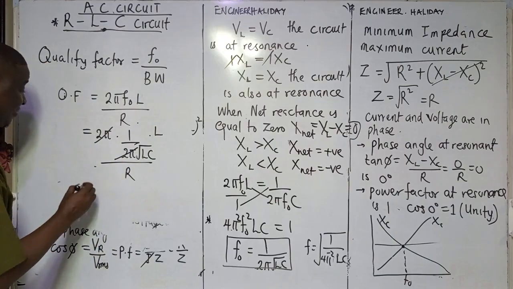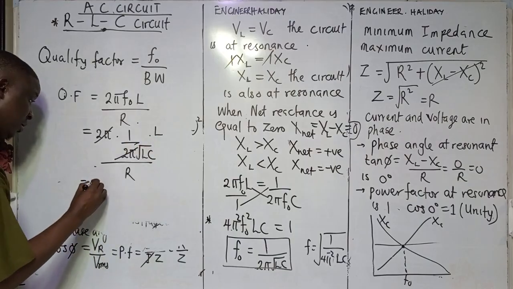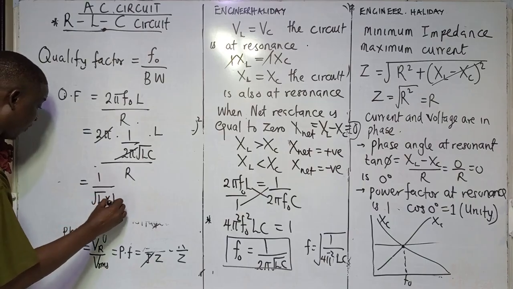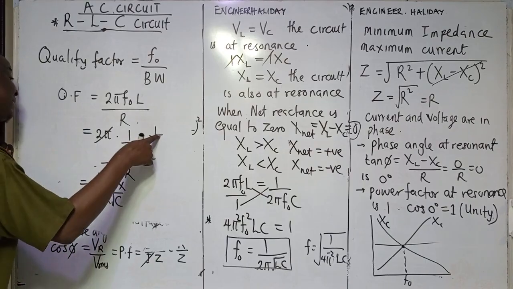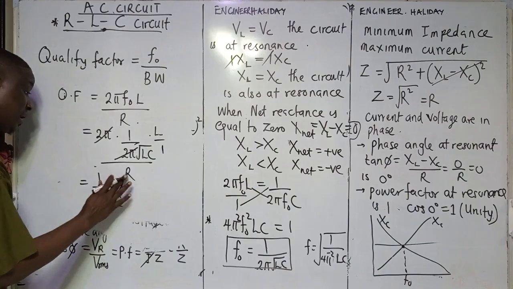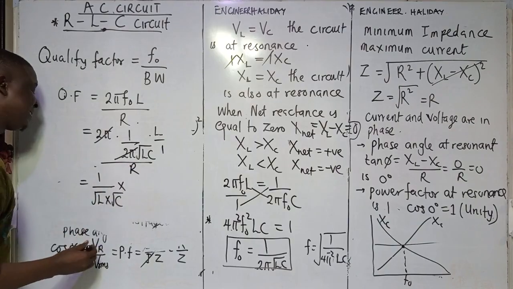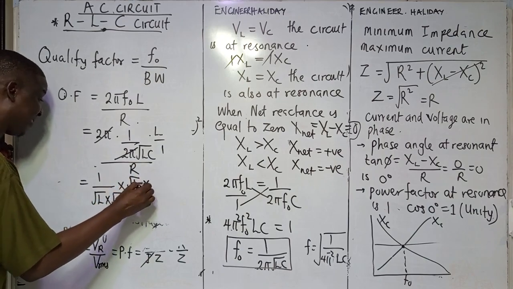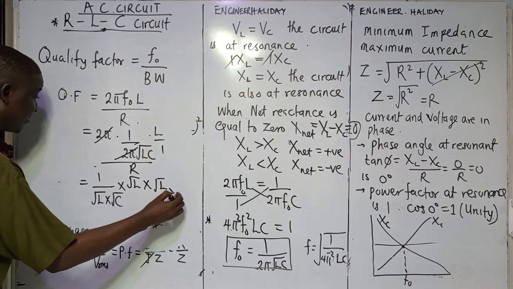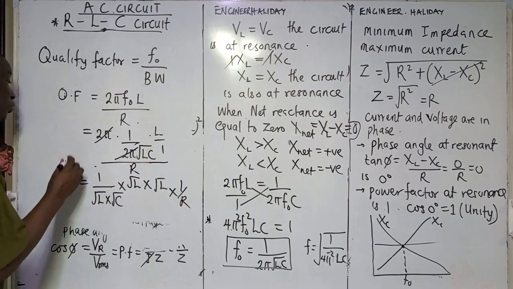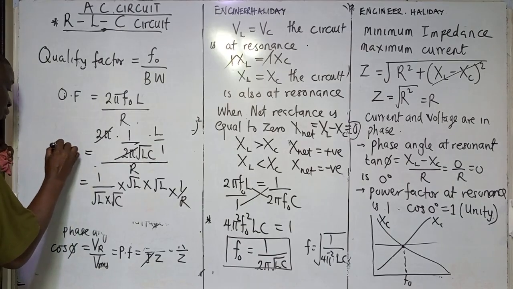Don't forget this can also be written as 1 over square root of L times square root of C, and L can be written as square root of L times square root of L, then times 1 over R. This is equal to the quality factor.